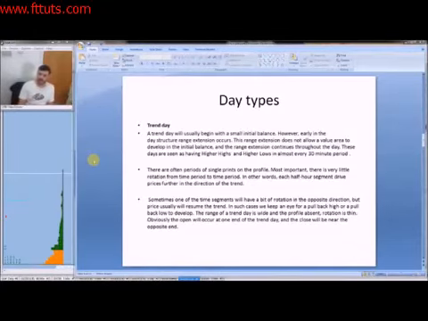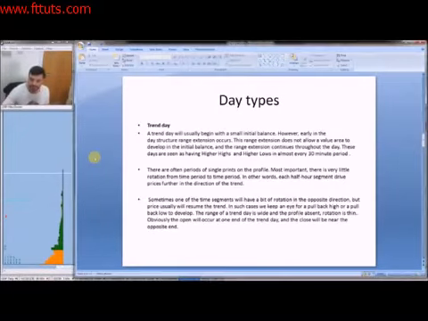And you will generally find this, and there's a reason these slides are in this order, subsequent to some of these day types, these non-trend days, these neutral days, where the market has spent a period of time in balance and then something changes to shift the balance of the market. Sometimes one of these time segments will have a little bit of rotation in the opposite direction, but prices usually will resume the trend.